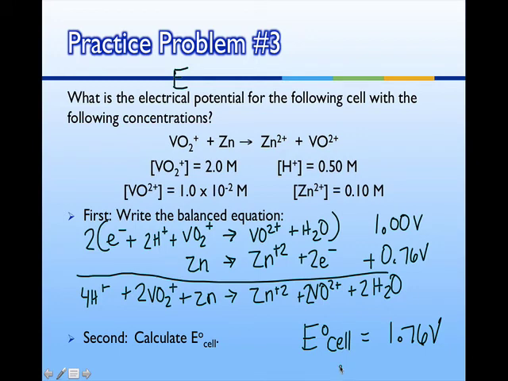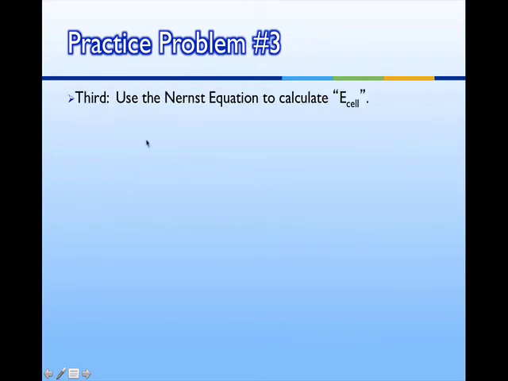And I'm going to remember that because I'm going to have to use it in the third step, which says I need to use the Nernst equation and find the cell potential with these concentrations. So the standard cell potential is 1.76 volts. I'm going to rewrite that quickly so I don't forget.